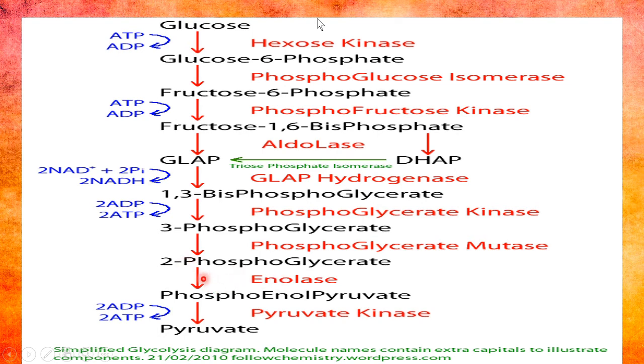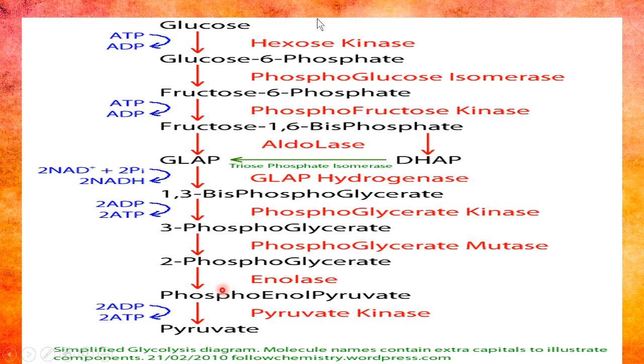It means that one molecule of water is removed from this 2-phosphoglycerate, and phosphoenol pyruvic acid, in short PEP, is formed. The enzyme enolase catalyzes the reaction in the presence of Mg2+ as a cofactor, and one molecule of water is released.